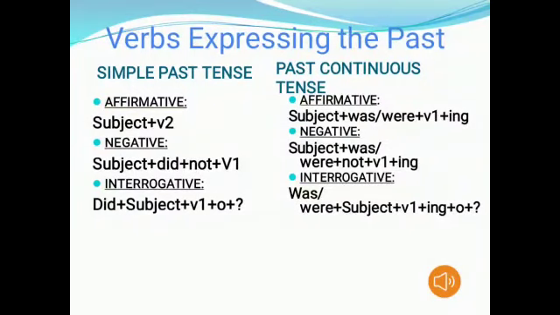And then negative: subject plus was or were plus not plus first form of the verb plus ing. In the interrogative sentences, was or were plus subject plus first form of the verb plus ing plus object plus question mark.